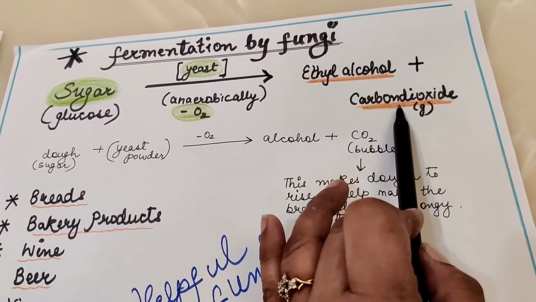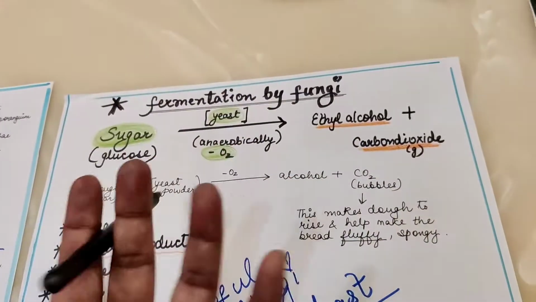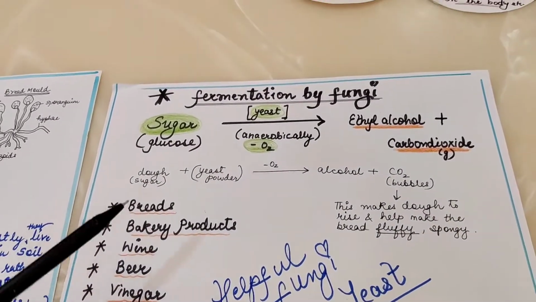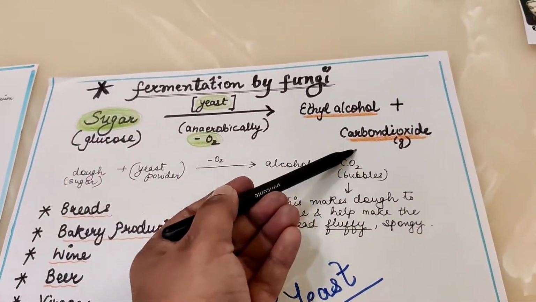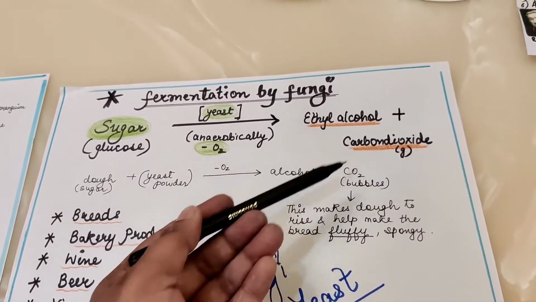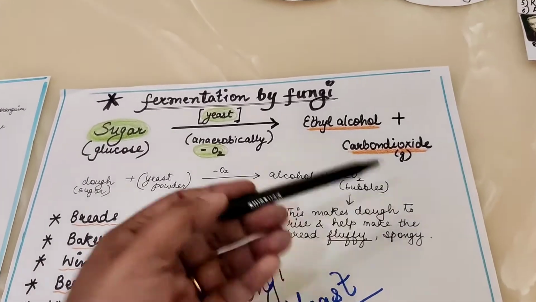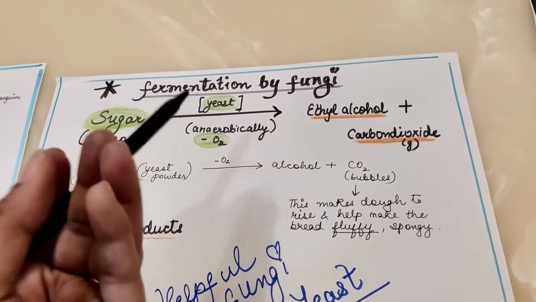This carbon dioxide makes the thing fluffy and rise up. So your breads and pastries become spongy only because that carbon dioxide has been produced, and when it has been baked, it goes out and makes the thing porous and fluffy.